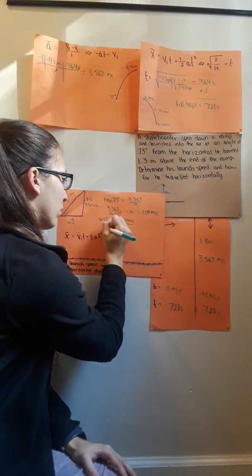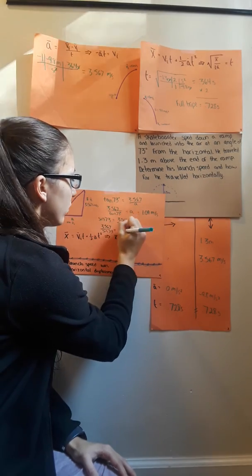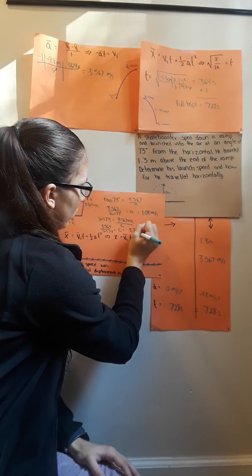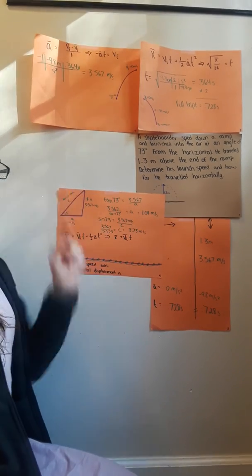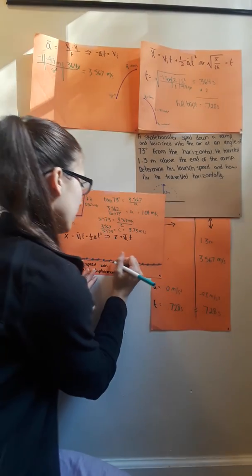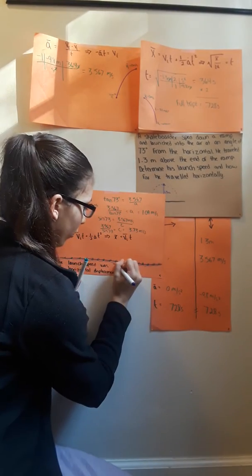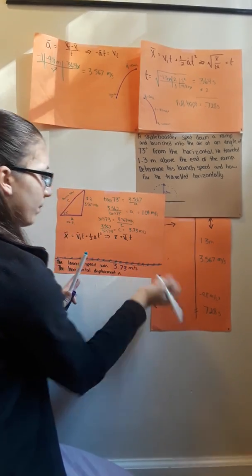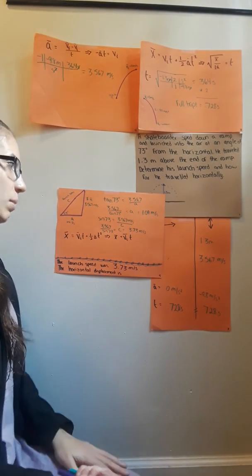So if we just move it around and solve, we end up getting 3.73 meters per second. So that is our launch speed, his initial velocity jumping off the ramp. So the launch speed was, we'll write it in purple, 3.73 meters per second. So we solved half of our equation, but we still need the horizontal displacement.